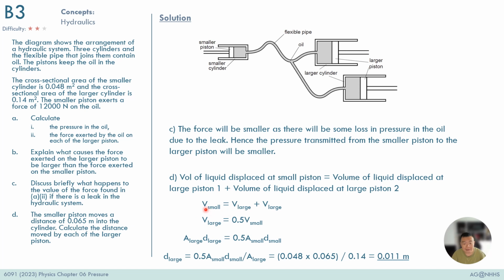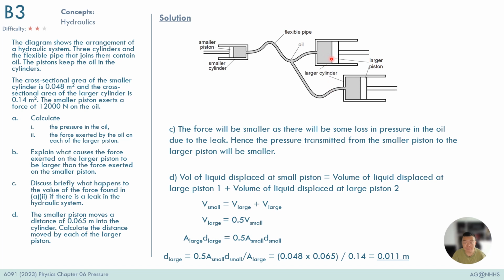So we will get this formula: the volume displaced at the smaller piston is equal to the volume displaced on the right side. Since there are two large cylinders on the right side, there are two terms over here, and therefore you can now see the trade-off of having multiple large cylinders on the right.